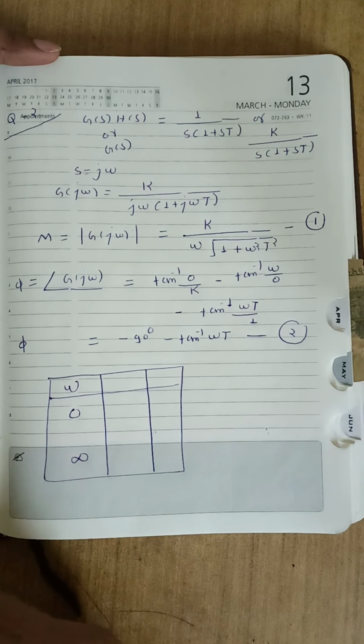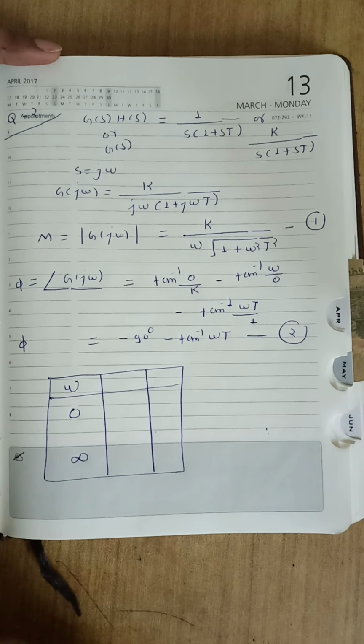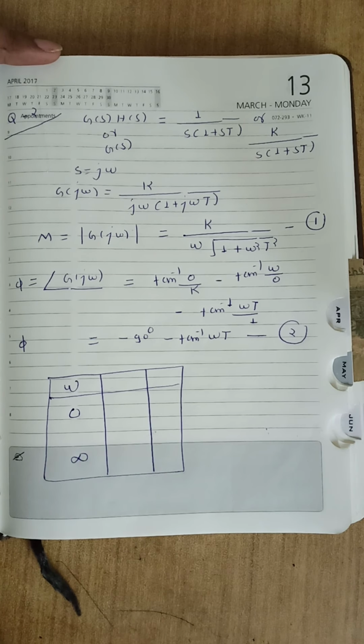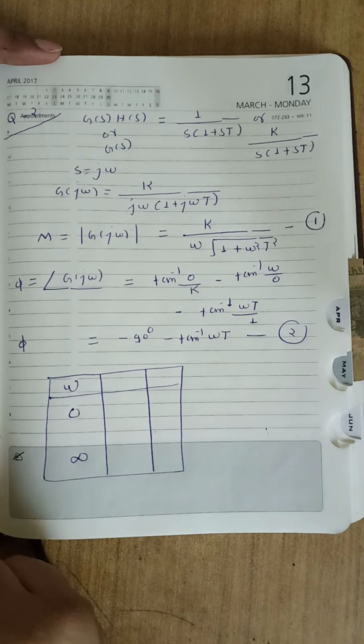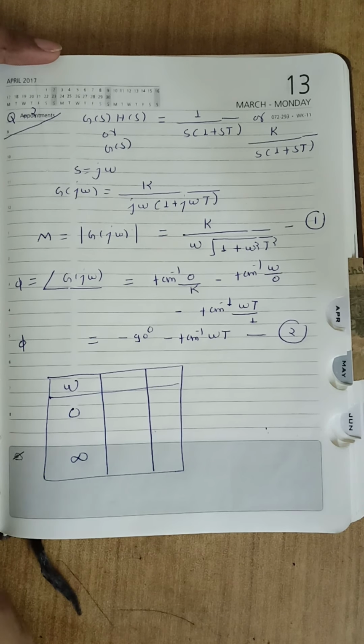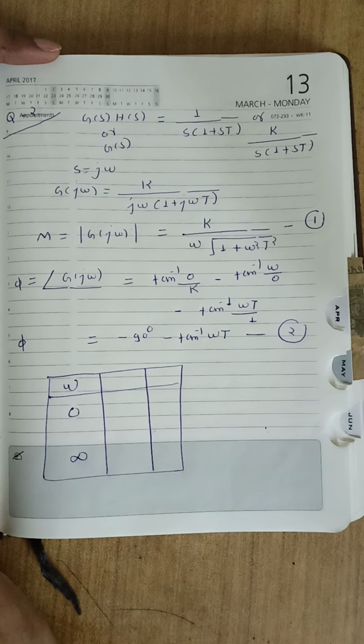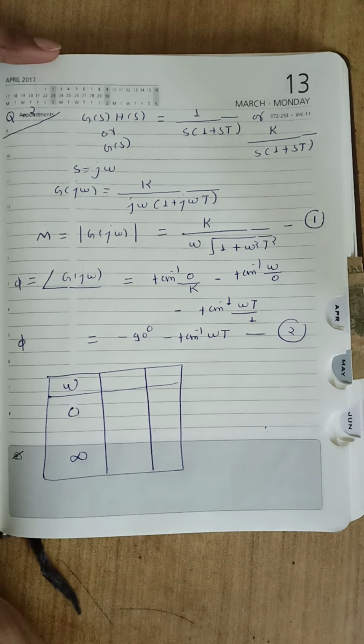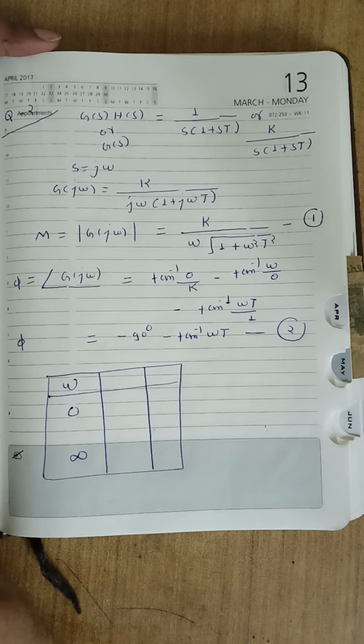Generally, we consider the initial value as omega equal to 0 and the final value as omega equal to infinity, because in the polar plot omega is varied from 0 to infinity. It's your choice; you can assume any value between 0 and infinity, one, two or three values, but my suggestion is that there is no need to define any value between 0 and infinity. Simply assume the initial value and the final value of omega.